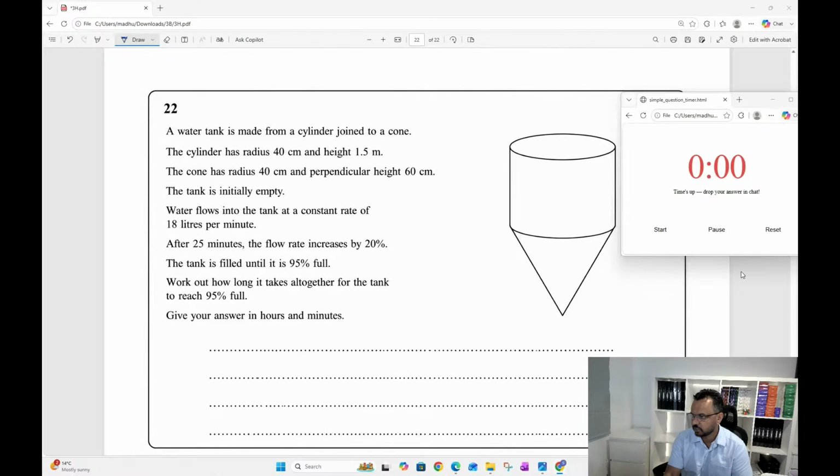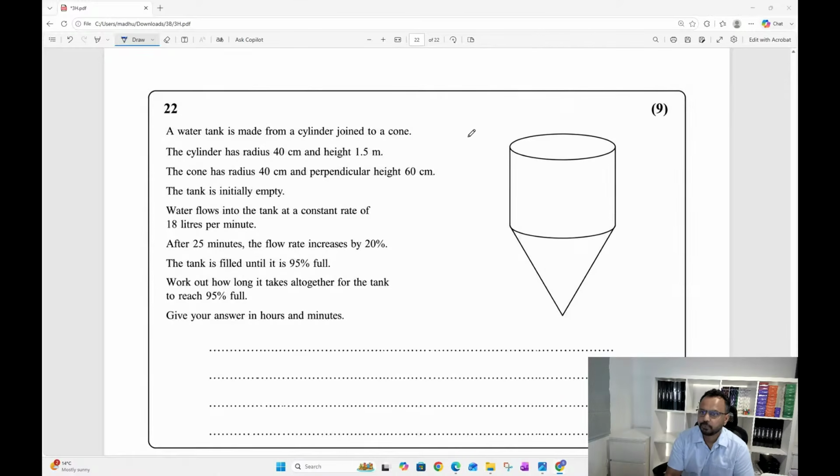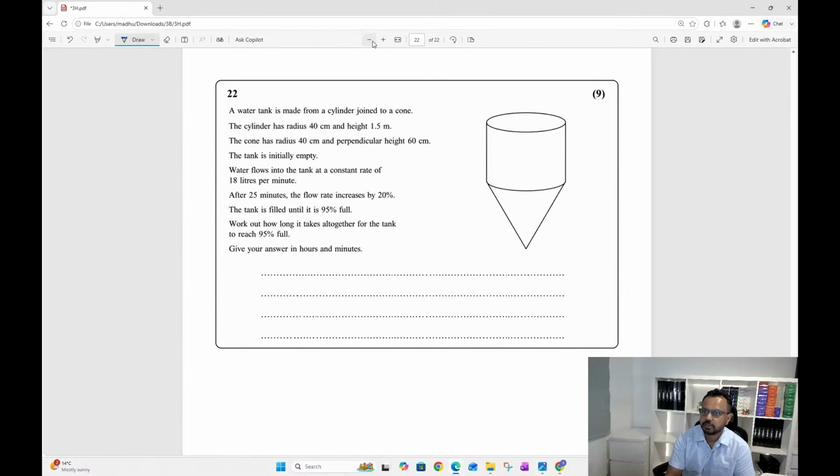It's 26 parts, so I'm just going to do this question now. A water tank is made from a cylinder joined to a cone. The cylinder has a radius 40, height 1.5. So that's 0.4 meters.